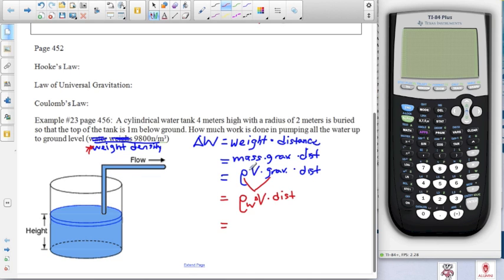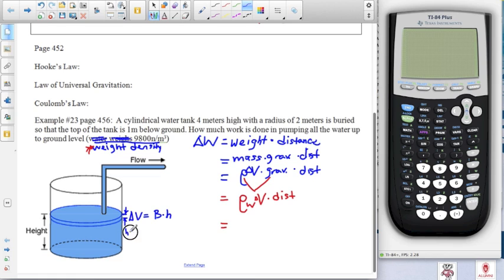It's really the incremental volume that we're lifting, and we're going to lift the same incremental volume, just different distances. So if we're lifting this thin cylindrical disk of water, the delta volume is going to be the area of the base times its height, and that height becomes our incremental expression.